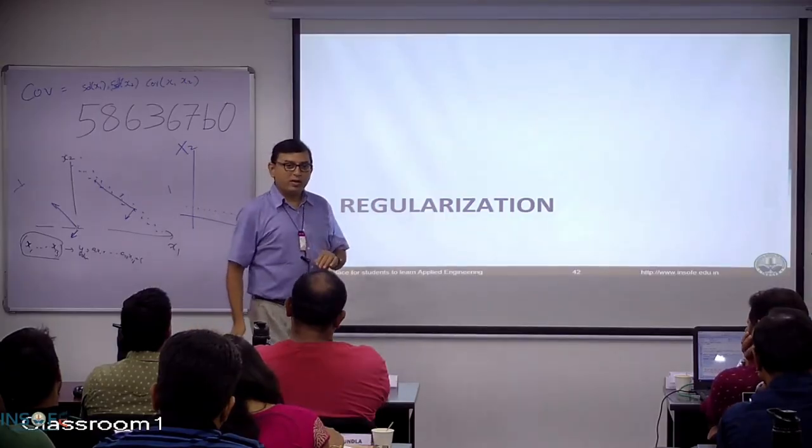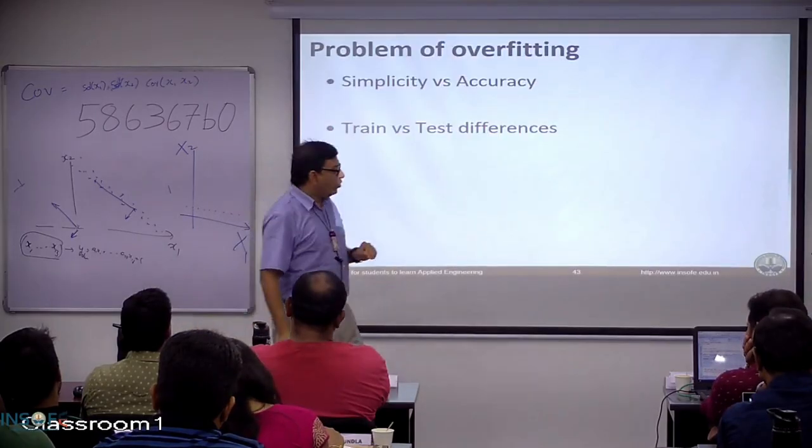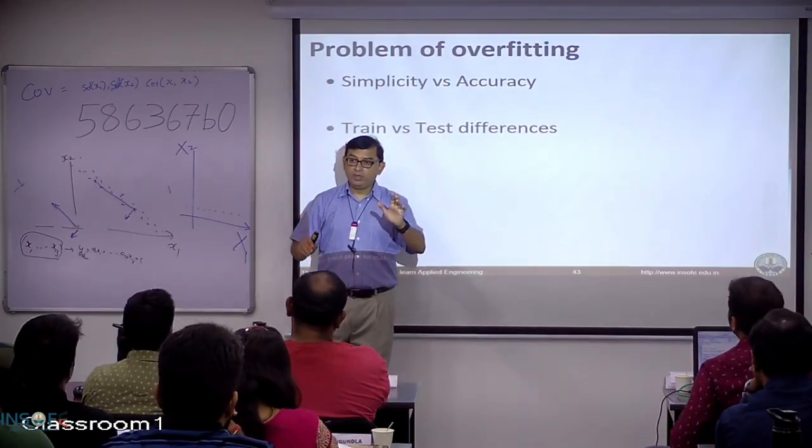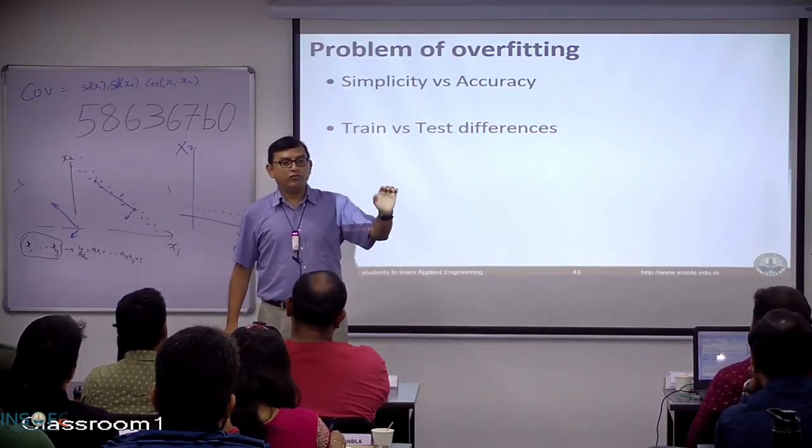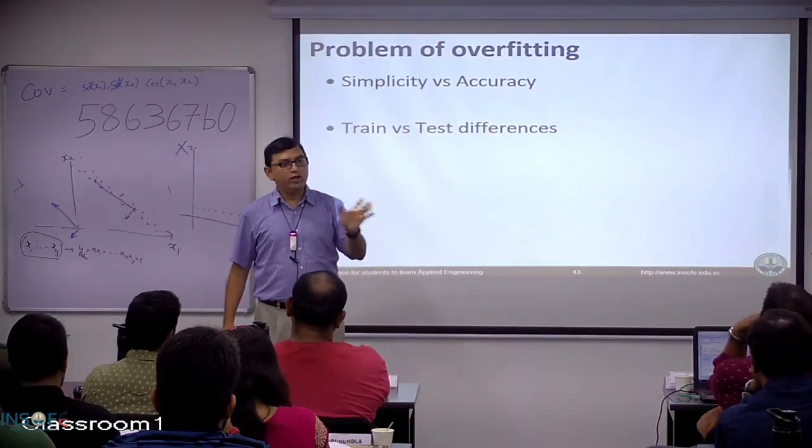Okay, but I want dimensionality reduction from the direction of trying to avoid overfitting, or deciding whether we are doing overfitting or underfitting.